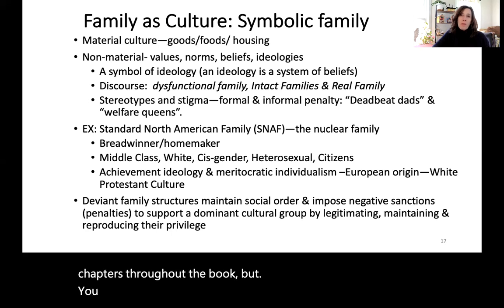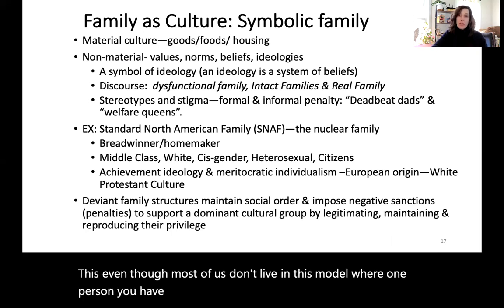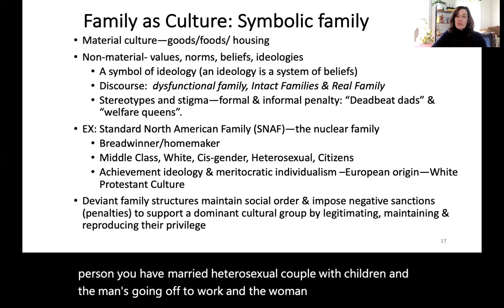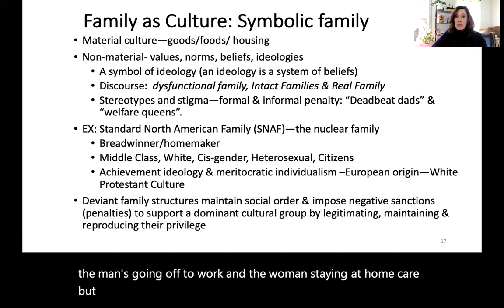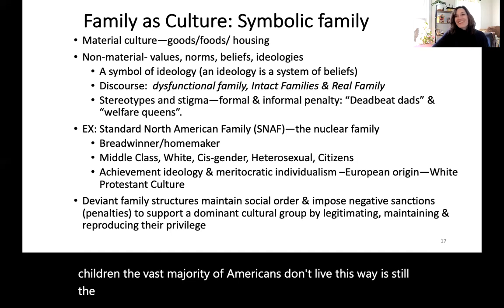But even though most of us don't live in this model, where you have a married heterosexual couple with children, and the man's going out to work and the woman's staying at home caring for children, the vast majority of Americans don't live this way. It's still the gold standard, right? That is what I was trying to get at.